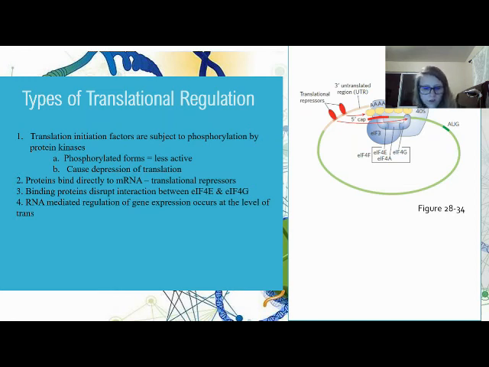These proteins interact with other initiation factors bound to mRNA or the 40S ribosomal subunit to prevent the initiation of translation. The binding proteins disrupt interaction between the initiation factors, in this case eIF4E and eIF4G. So here we have the translation repressors binding to the initiation factors and stopping translation.